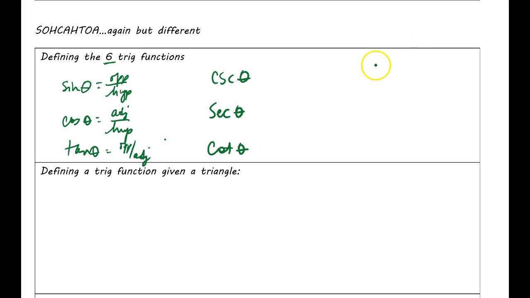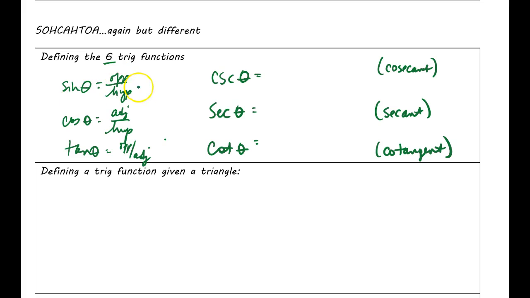Let me write that out in case: cosecant, secant, and cotangent. So this is them actually spelled out, and these are the abbreviations for them. This is not some newfound weird mess of something. These are the reciprocals of the ones that you learned in geometry.